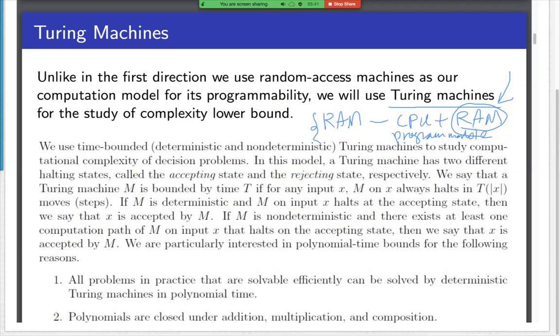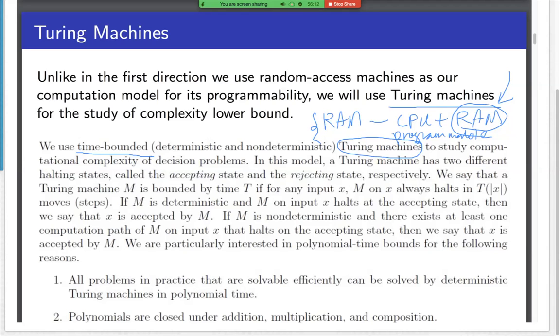Now let's look at this part. We use time-bounded, deterministic, and non-deterministic Turing machines to study the computational complexity of decision problems. In this model, a Turing machine has two different halting states. One is called the accept state, the other is called the reject state.